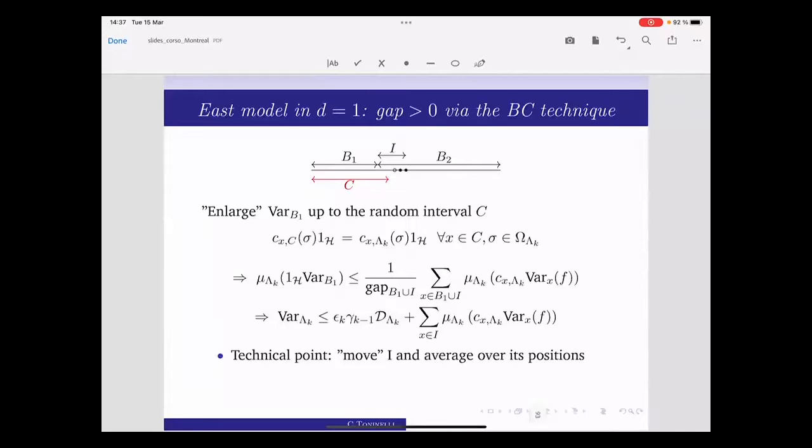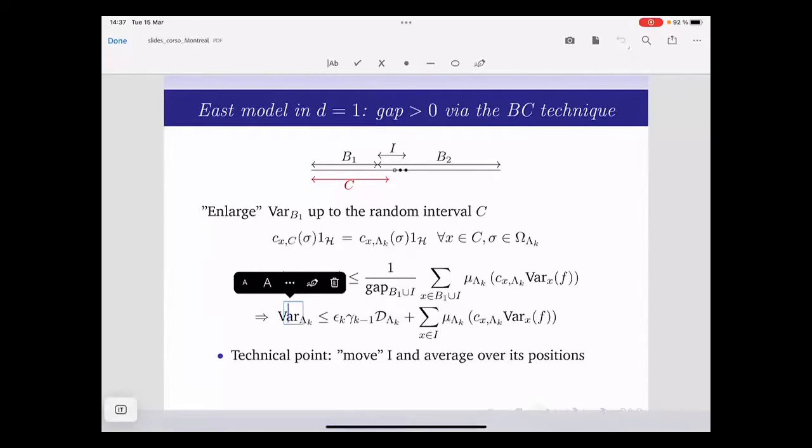So the moral of the story is that using these two block dynamics, we are able to upper bound the variance on the whole scale k, so on the interval 2 to the power k, with what?